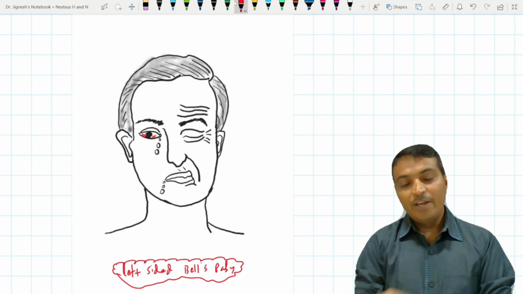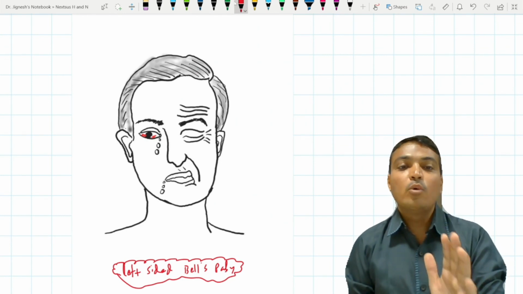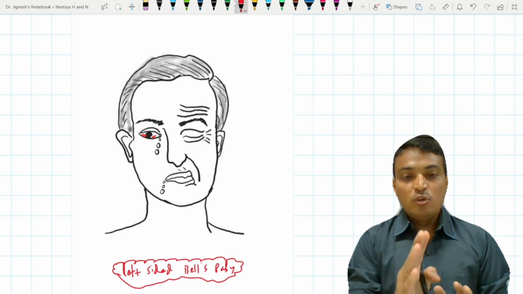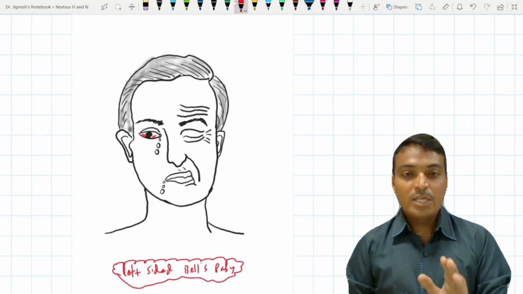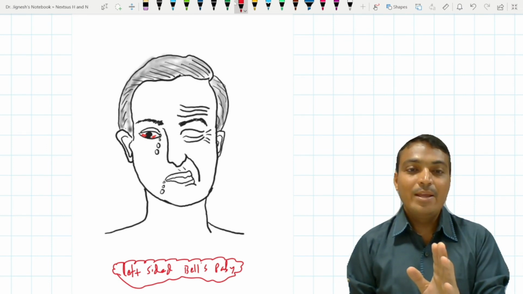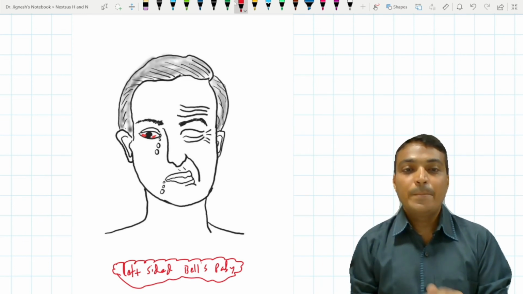In this figure, we can appreciate the left-sided Bell's palsy, because the left-sided facial nerve is affected. Many signs we can observe in case of Bell's palsy. The first and most important sign is facial asymmetry, and this facial asymmetry is because of the unopposed action of the opposite sided muscles.